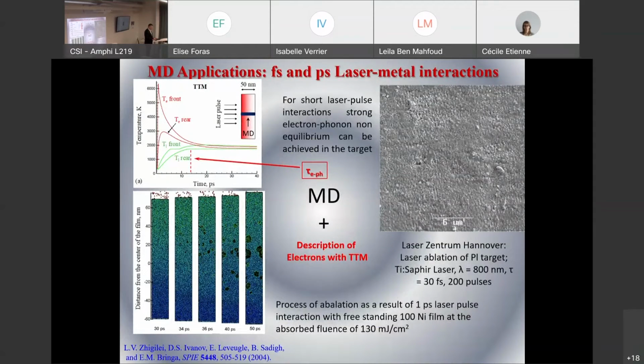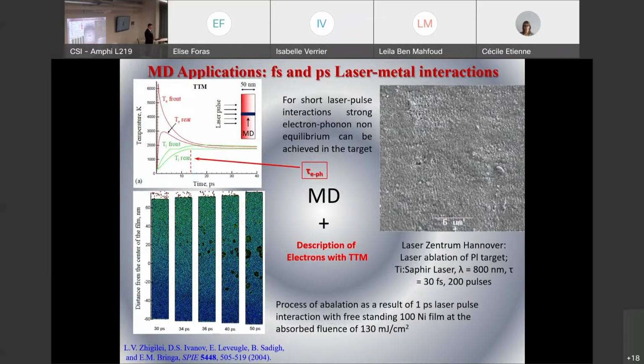So now we can move towards laser-matter interactions. And the first thing that we can have problems with is that, unfortunately, for pulses shorter than the characteristic electron-phonon equilibration time, which is on the order of 1 to 30 picoseconds, the presence of free carriers, which are absent in classical molecular dynamics, becomes essential.